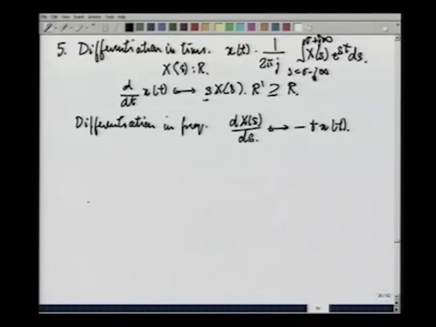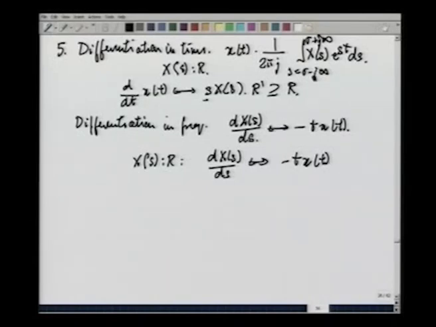Okay. Now, the question is, what is the ROC of this? If X(s) had an ROC of R, then what is the ROC of dX(s)/ds, which transforms to minus t x(t)?